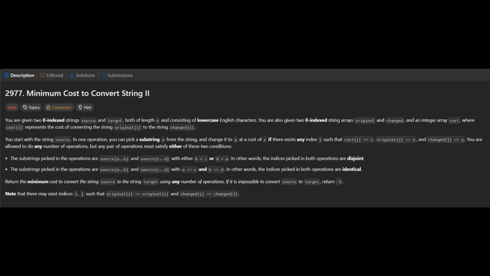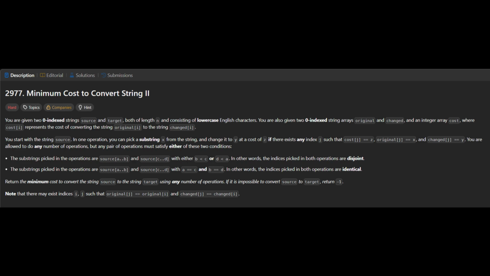And the objective is, using any number of valid operations, we must convert source into target and spend the minimum total cost. If it's not possible, return -1. Key insight: what makes this problem hard? Unlike problem 2976, where we converted single characters, here we are converting entire substrings.